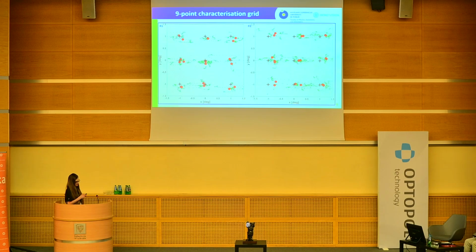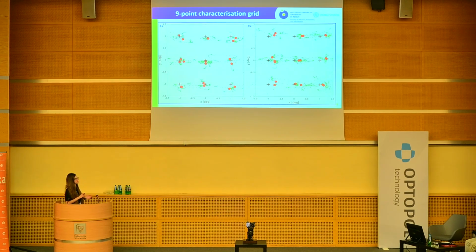The target moves across this characterization grid, and in each position the target appears twice. And what we can see here, this is for the first patient, this is for the second patient, and when we compare these two pictures, we can see that the fixation pattern changes very much between subjects.